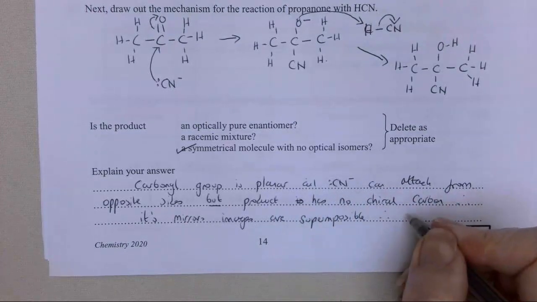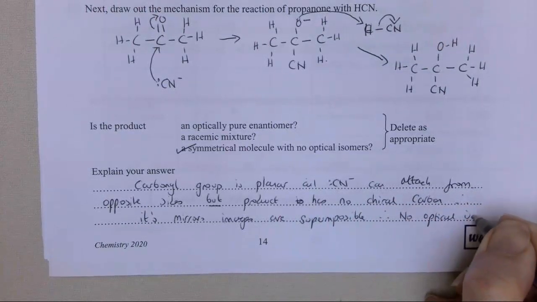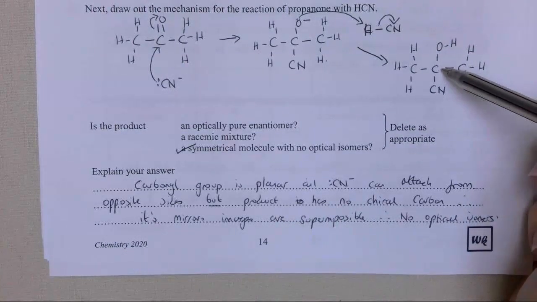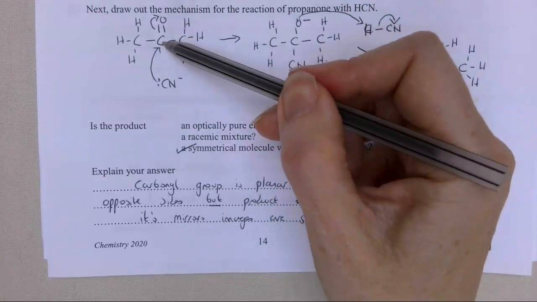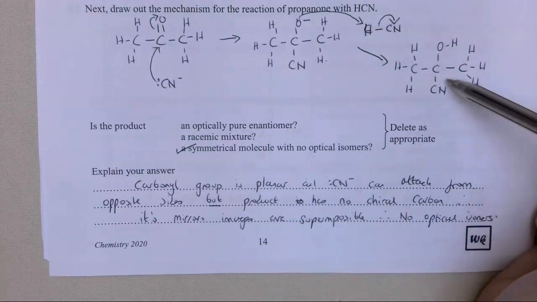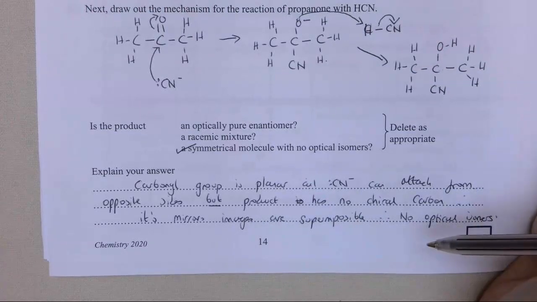So therefore no optical isomers. It doesn't matter which way that CN group attacks this carbon from, over here, or at the top of the molecule or the bottom of the molecule, you're not going to end up with a chiral carbon here, so you're going to end up with a symmetrical molecule with no optical isomers because I've got no chiral carbon here.